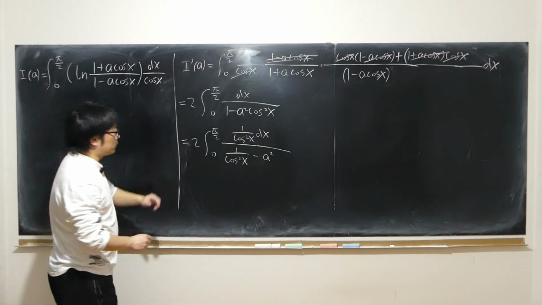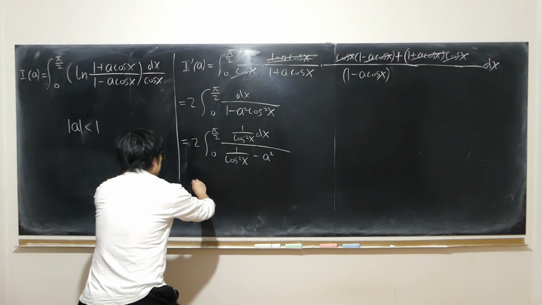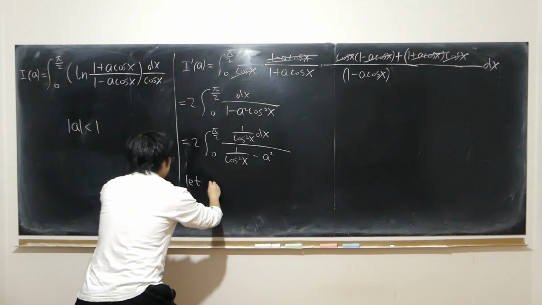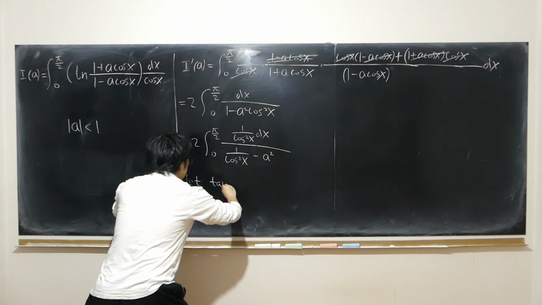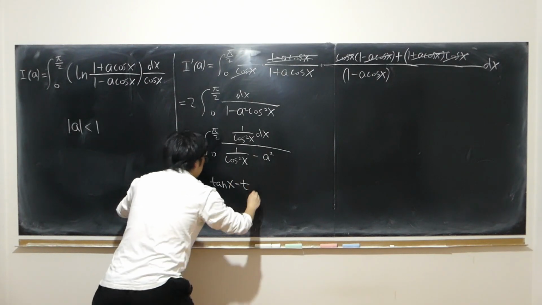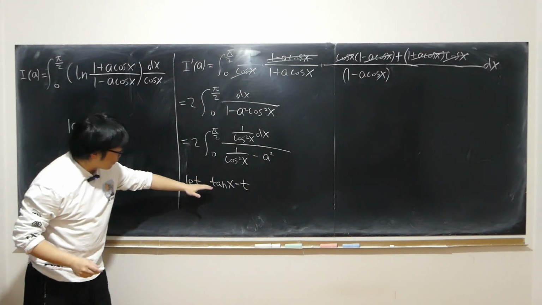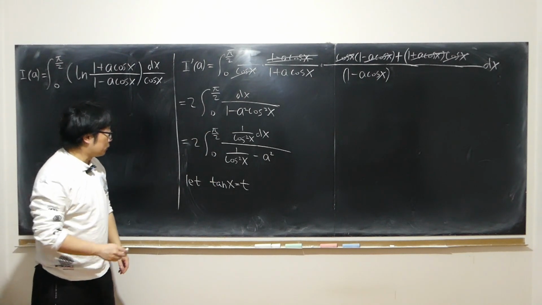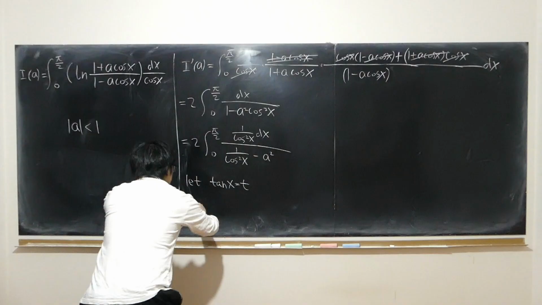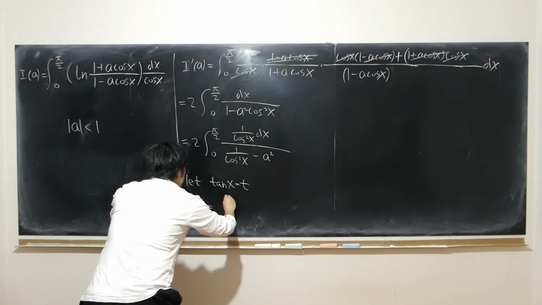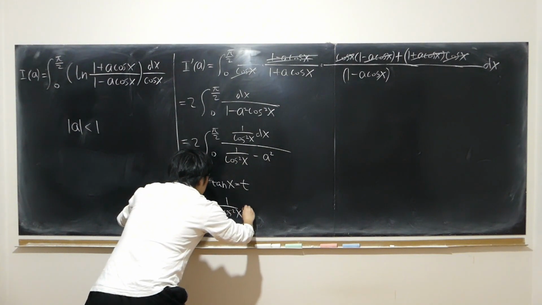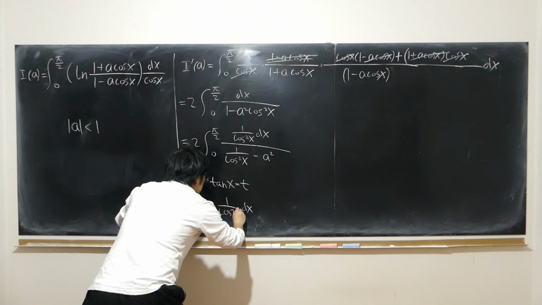Because we can let tangent x equal to t. Remember, the derivative of tangent x happens to be 1 over cos square x. Right, so in other words, dt is 1 over cos square x dx.